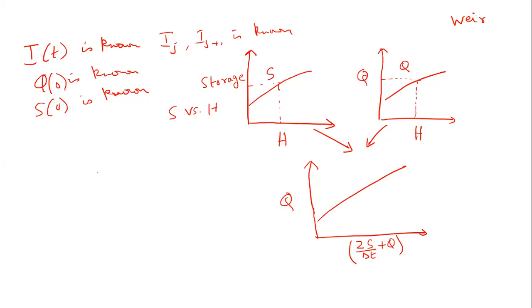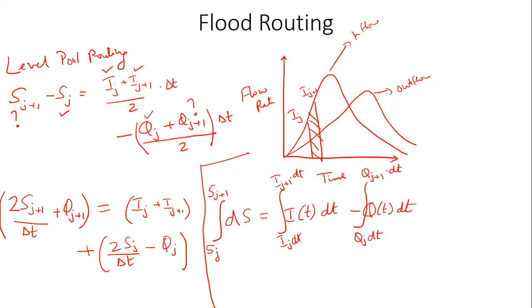Yes, sir. All right. So now the objective is this. You go back to the equation that I developed. I collected all the unknown terms on the left hand side, and all the known terms on the right hand side.